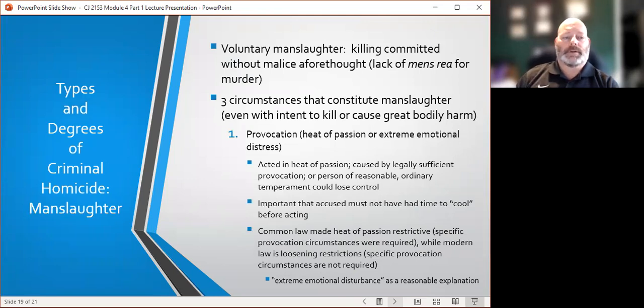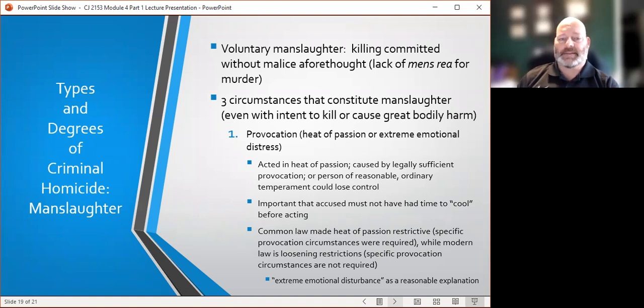Another type and degree of criminal homicide is manslaughter. Voluntary manslaughter is the killing committed without malice aforethought, meaning there's a lack of mens rea for murder. And there are three particular circumstances that constitute manslaughter, even with the intent to kill or cause great bodily harm. The first is provocation, and this is when the defendant is under heat of passion or extreme emotional distress.